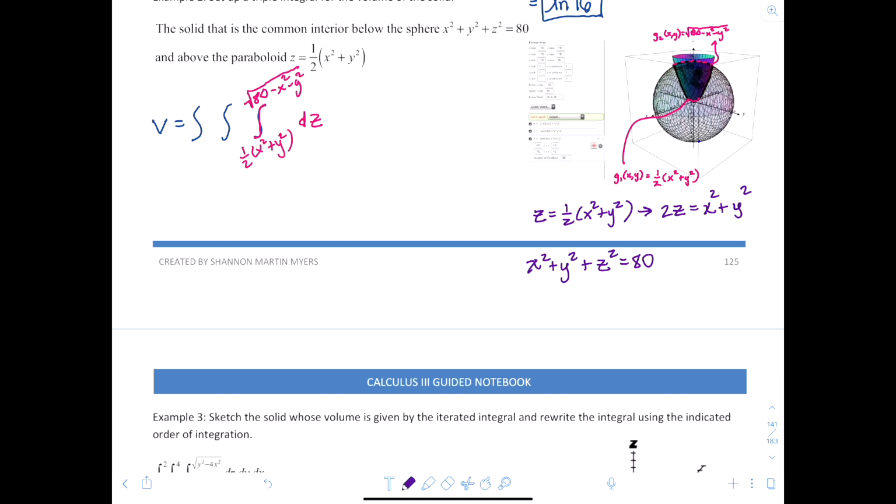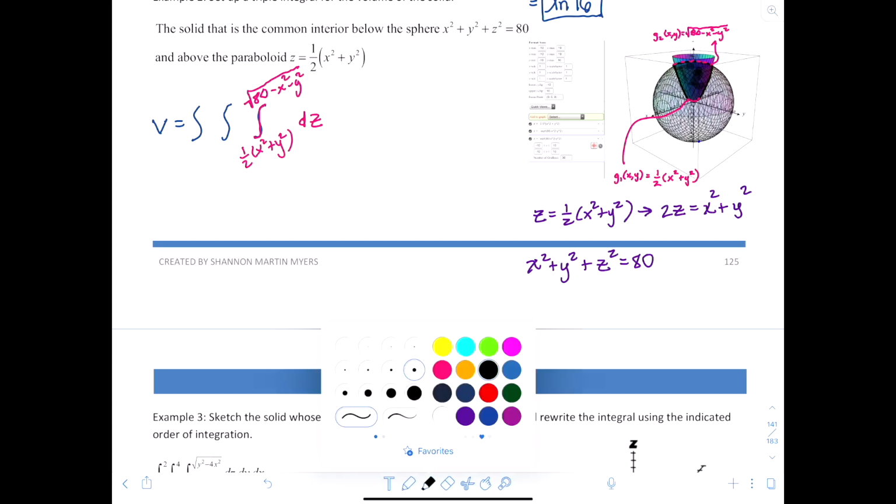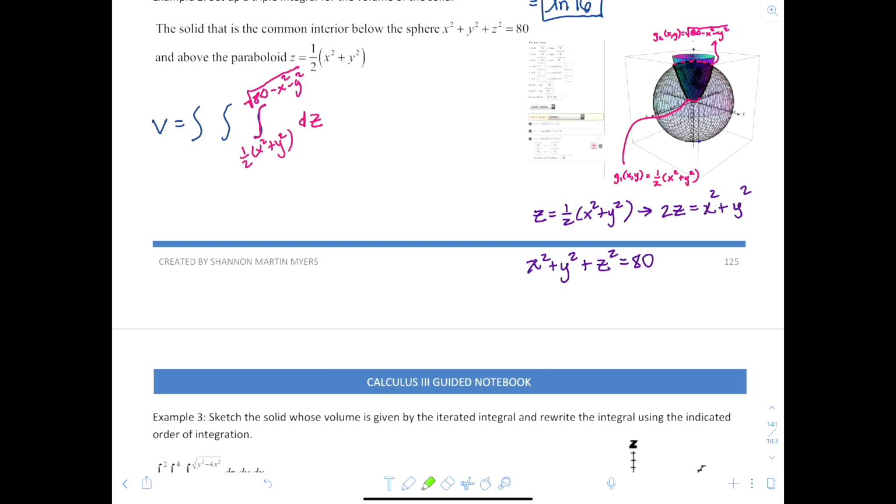So using this fact that 2z is x squared plus y squared, we can substitute in and say 2z plus z squared is equal to 80, right?